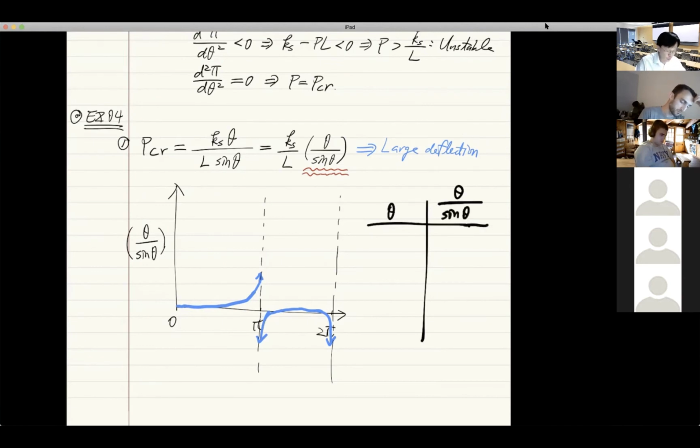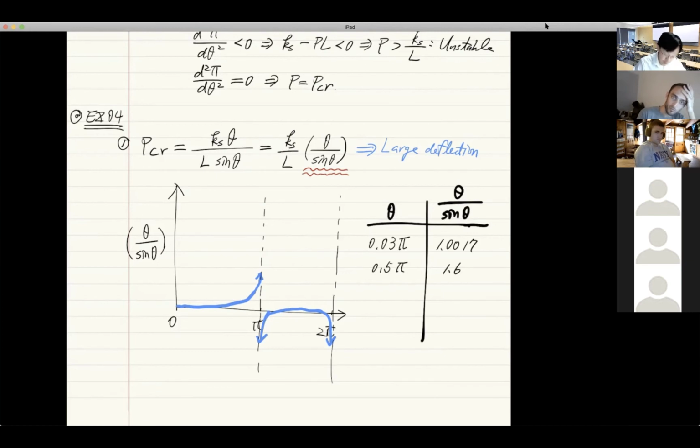Let's look at these two. When theta is about 0.03 pi, the ratio between theta and sine theta is about 1.0017, like this. But when theta becomes 0.5 pi, this ratio becomes 1.6.